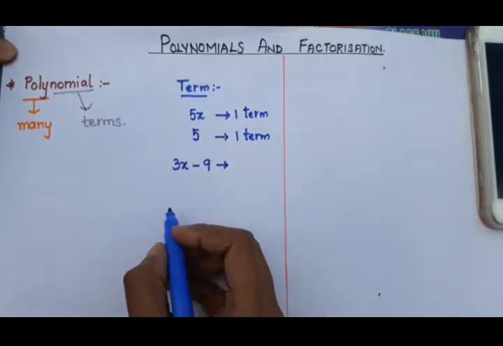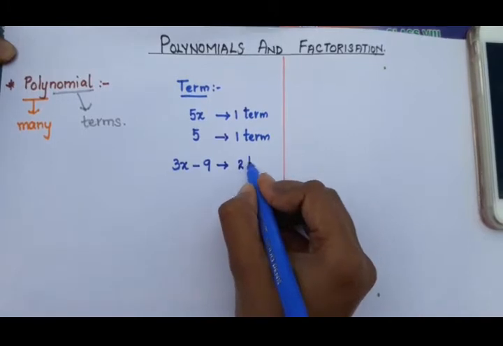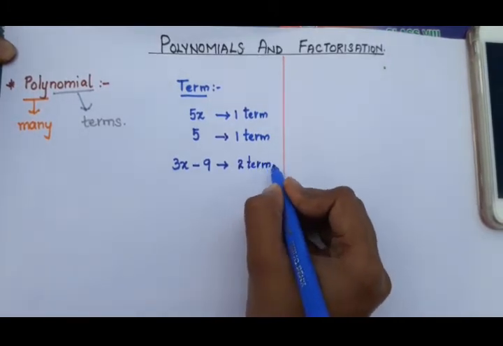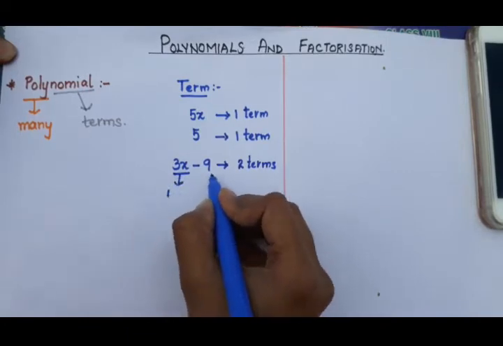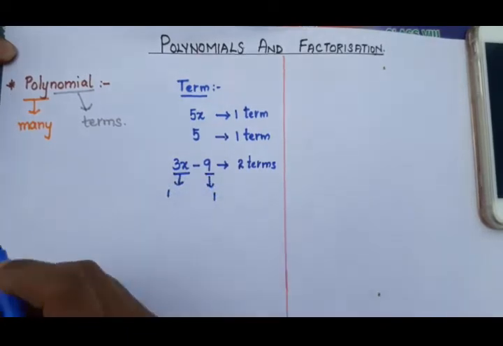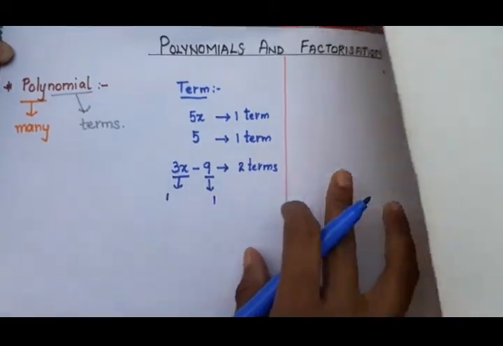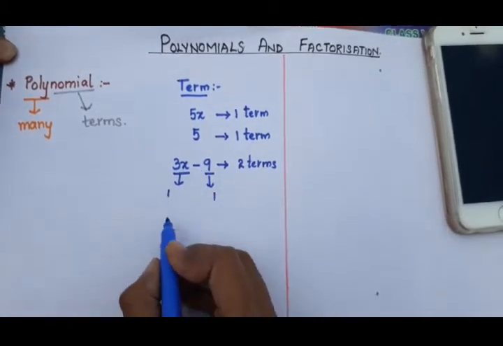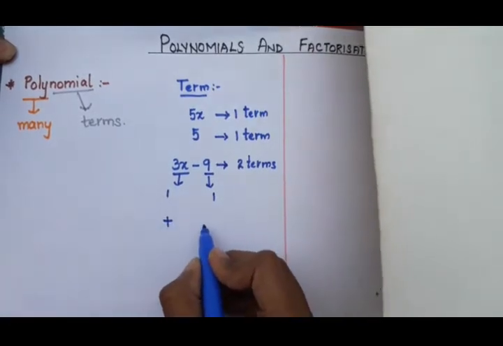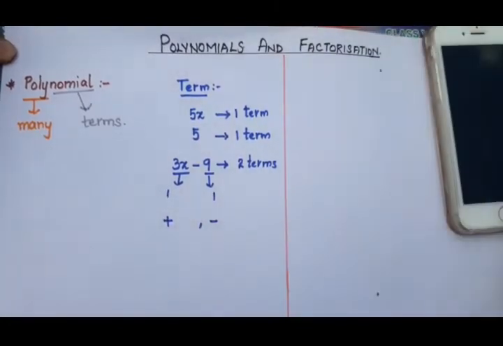In this we have two terms, children. 3x is one term, 9 is one term. So overall it has two terms. How are the terms divided? By addition or subtraction. If addition and subtraction are there, that means it is divided into terms, children.